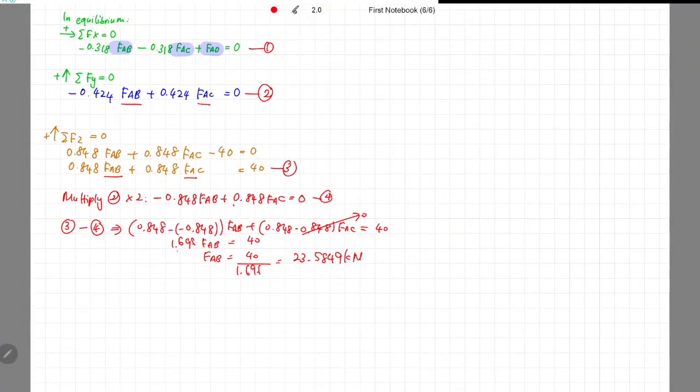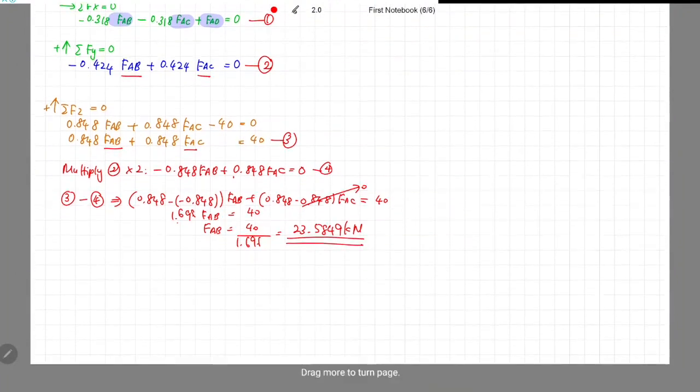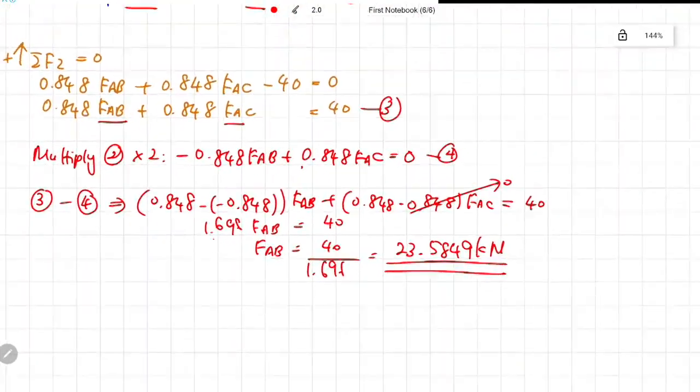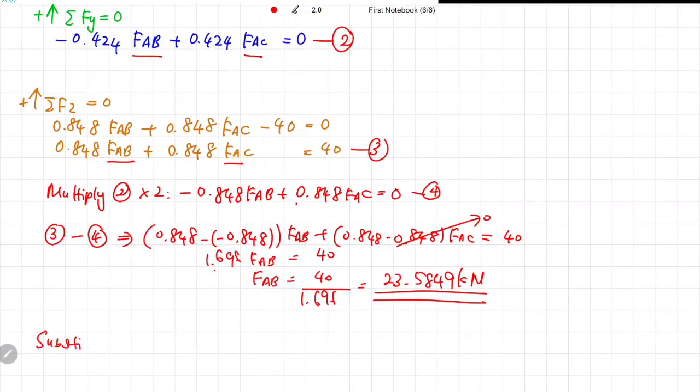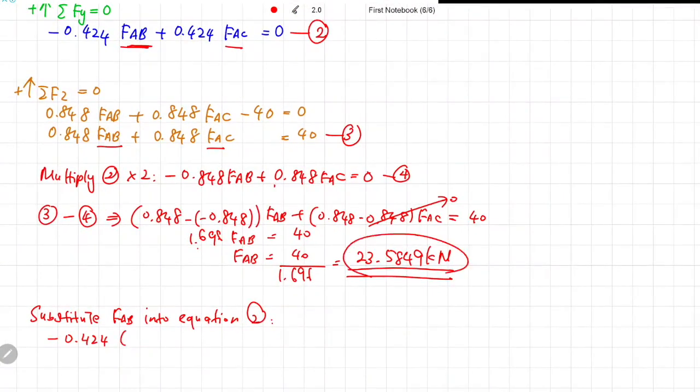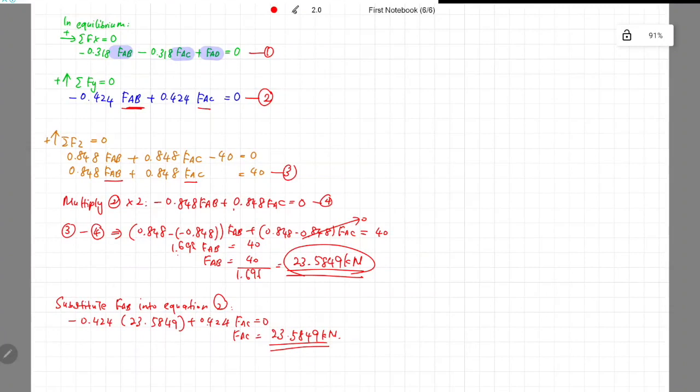Okay, so that is our magnitude for FAB. So you can substitute the new value of FAB into either equation 2 or 3. So let's see, if I were to substitute this value into equation 2, then I can solve for the value of FAC pula, whereby I will get a value of 23.5849 kilonewton.